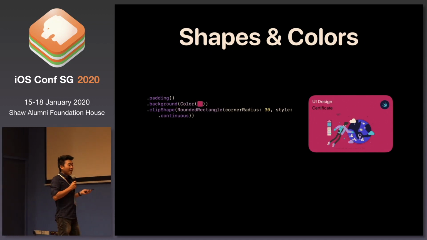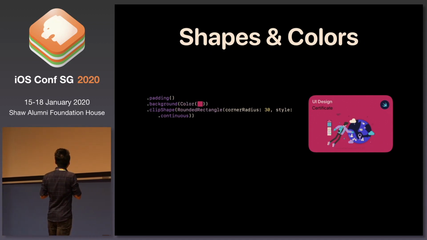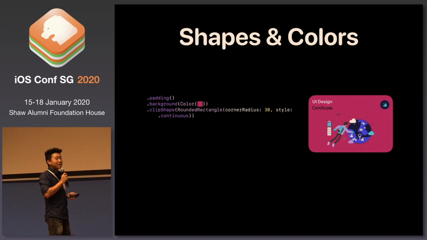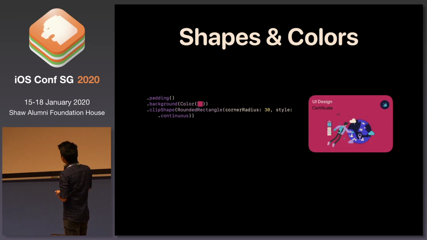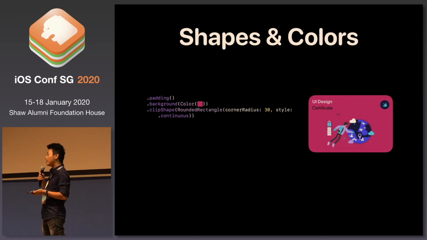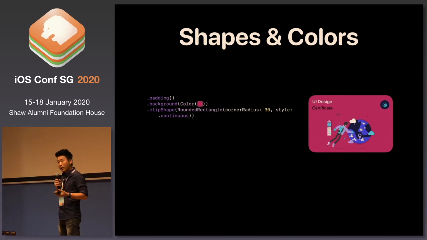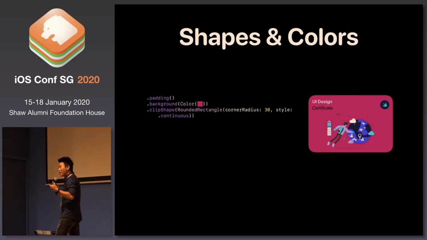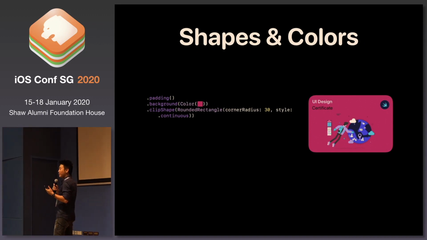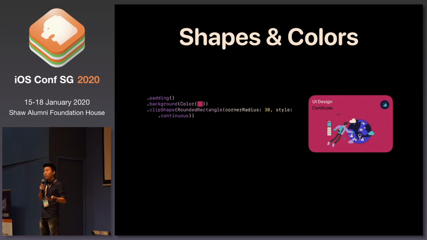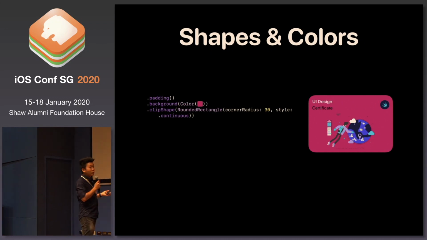So we're going to have to do the clip shape using a rounded rectangle, and we're going to set the corner radius, but also the style is continuous. So that's how you get these super ellipses, the Apple signature rounded corners that everybody loves. And you can see that pretty much everywhere: the modals, the app icons that you find in iOS. And yeah, that's how you would do it in SwiftUI.